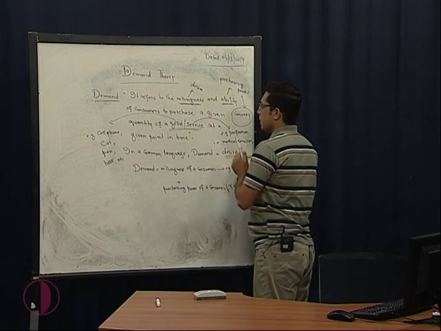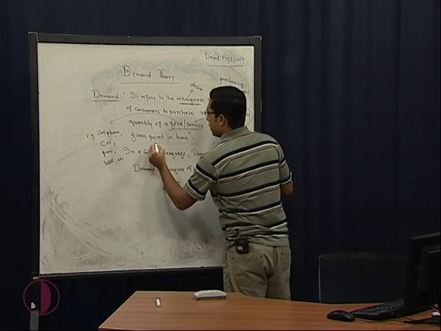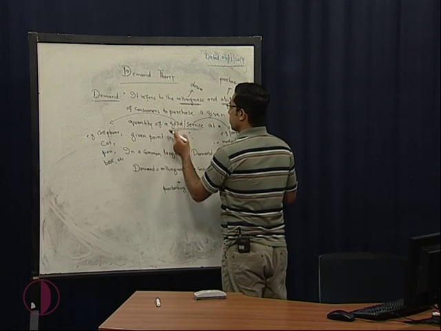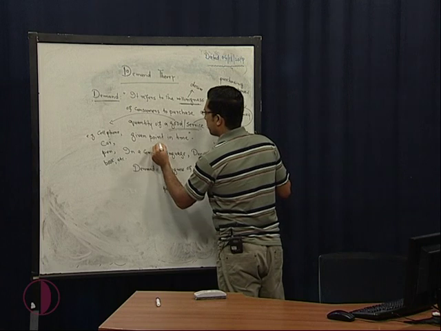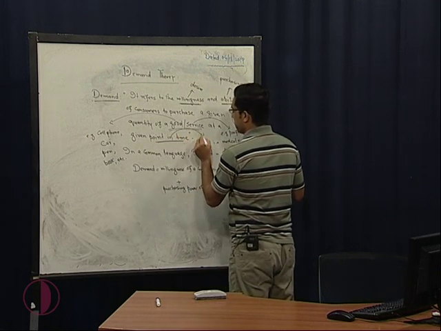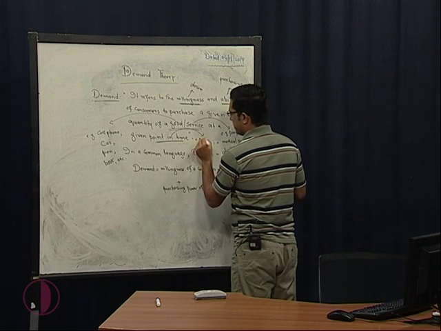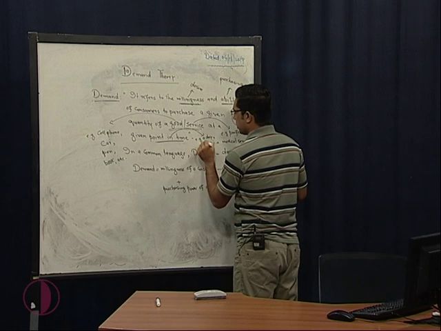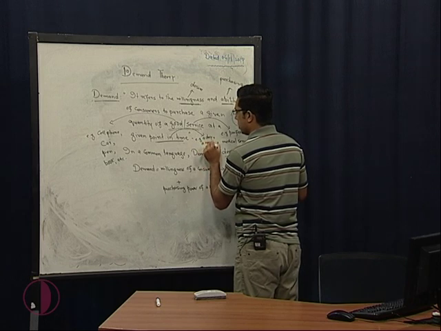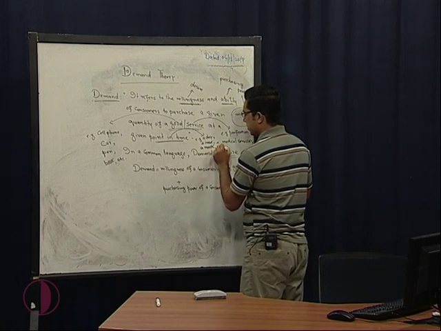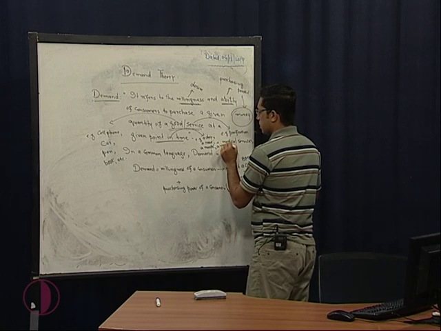Then we say that purchase of a given quantity of a good or service at a given point in time. The time unit may be, for example, a day, a week, a month, a year.